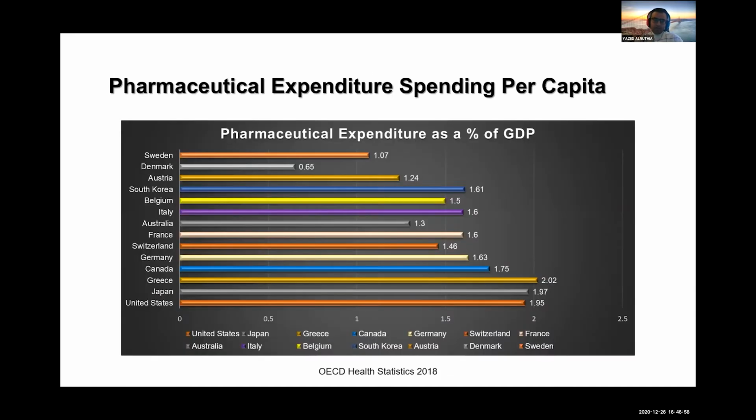If we move to pharmaceutical spending per capita globally, we can notice that spending on pharmaceuticals ranges from 0.65% of the total GDP in Denmark, a wealthy country, to about 2.02% in Greece.